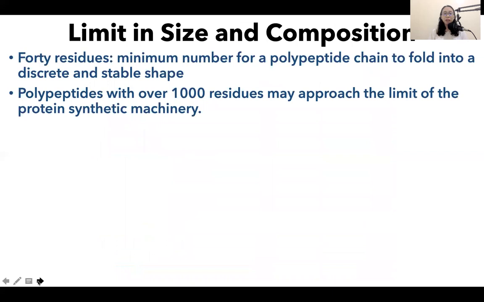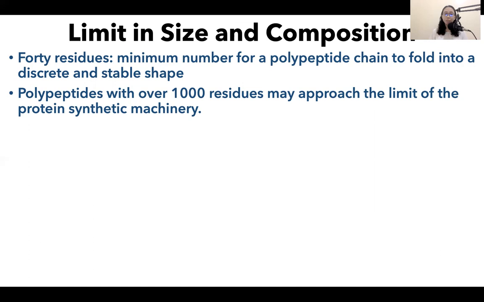In fact, empirical studies show that you need at least 40 amino acid residues for a polypeptide chain to fold into a discrete, stable shape and execute a certain function. Meanwhile, polypeptides with over 1,000 residues may approach the limit of the protein synthetic machinery of the cell.